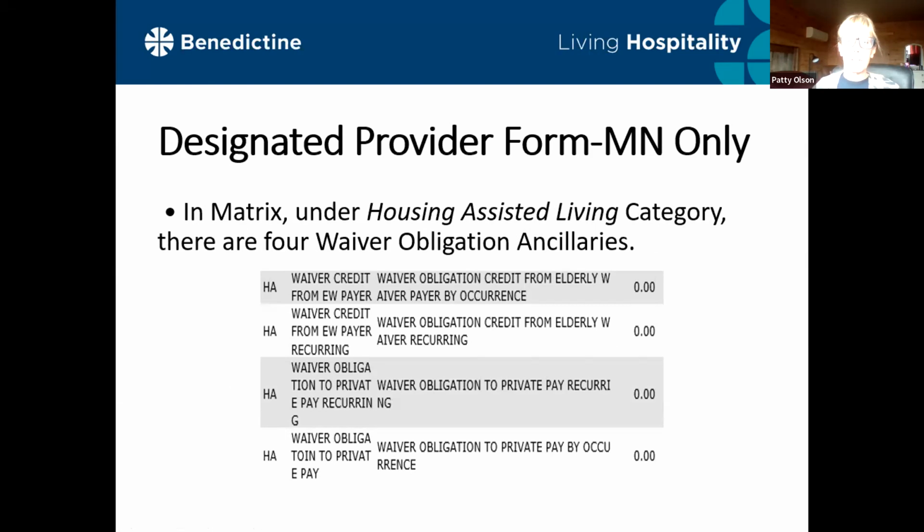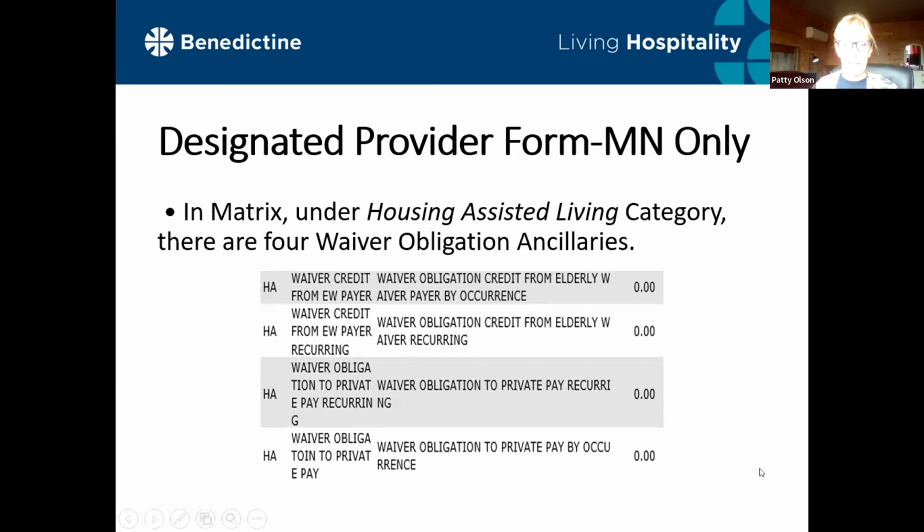We have 4 charge entries for that. So in Matrix, using the housing assisted living category, there are 4 categories. And so the community, if you have somebody on Medicaid who does have that designated provider form set up, you can use a recurring one here, which is the second one. It takes the credit off of the waiver or off of the EW payer.